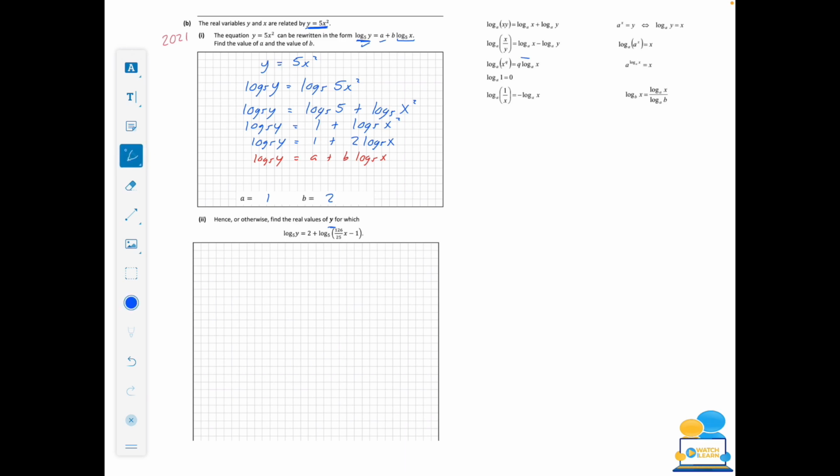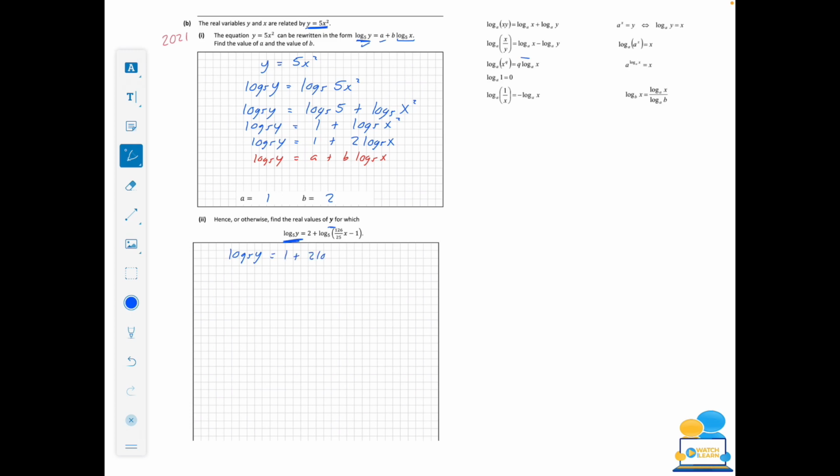So we're looking for the real values of y, for which log to base 5 of y is equal to 2 plus log to base 5 of 126 over 25x minus 1. So first I need to look for my link to the previous part. We have a log to base 5 of y here, but in the previous part, I already found that log to base 5 of y is equal to 1 plus 2 log to base 5 of x.